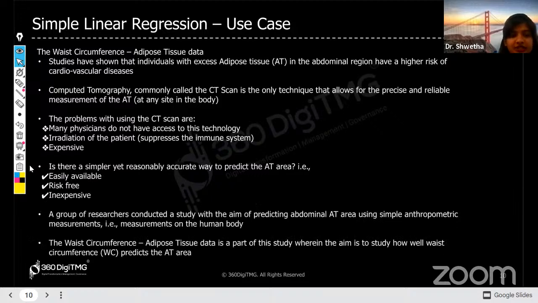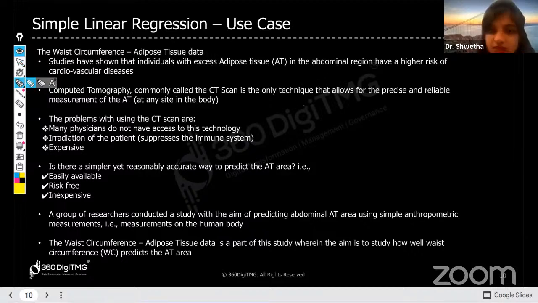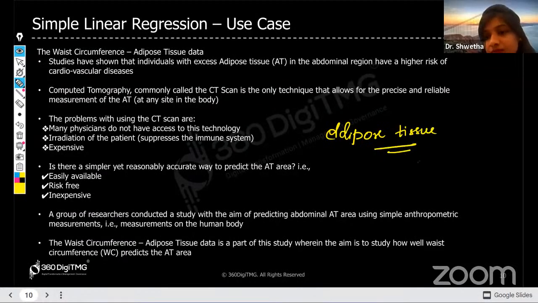Now we are going to discuss a simple use case. This is again using healthcare data. Adipose tissue. What is adipose tissue? Adipose tissue is nothing but the fat tissue. Okay.